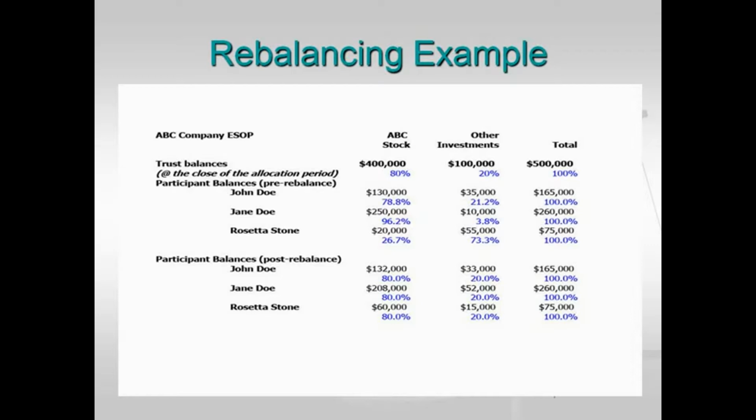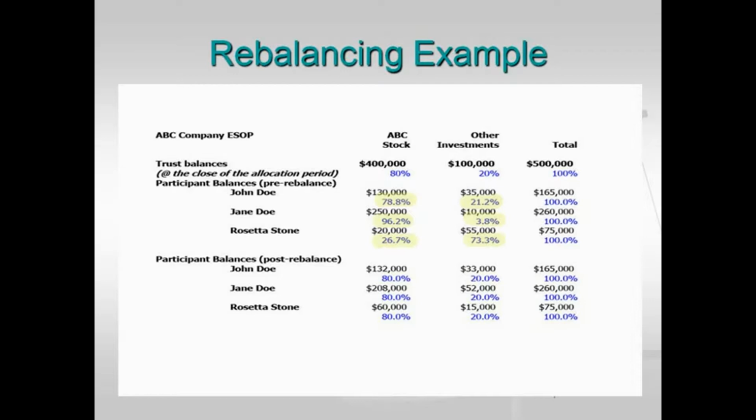If we look at it person by person, you can see that John Doe, his ratio is 78.8, 21.2. Look down at Jane Doe, her ratio is a little bit different. And then Rosetta Stone, who maybe is a person who entered the plan more recently, has significantly more cash than stock.